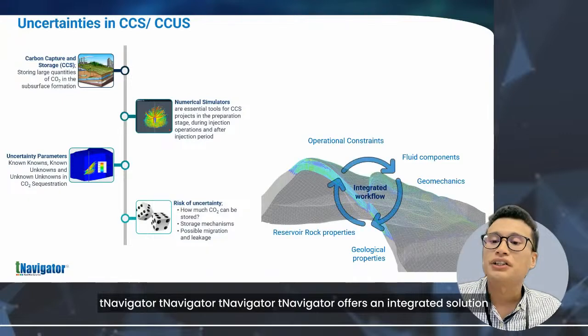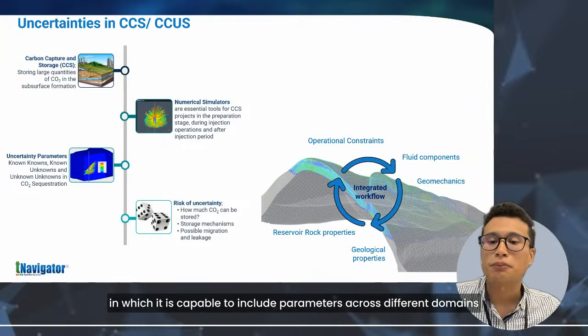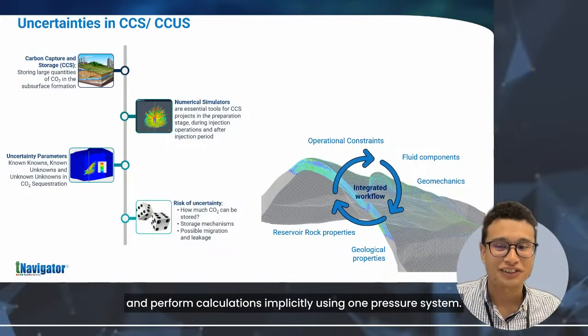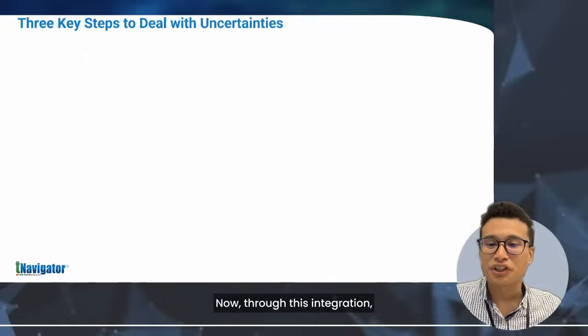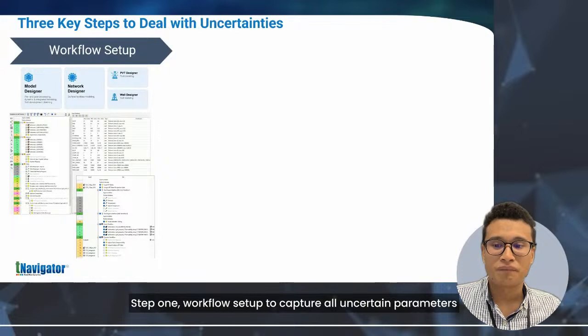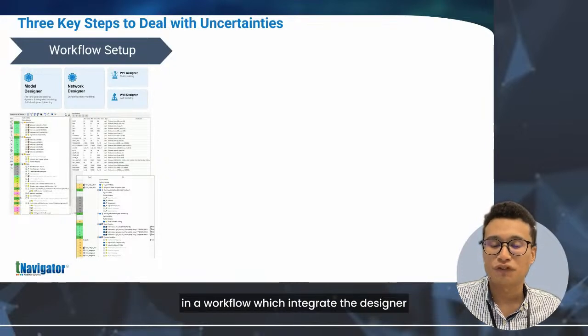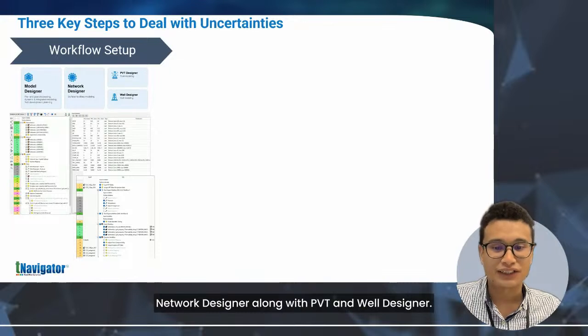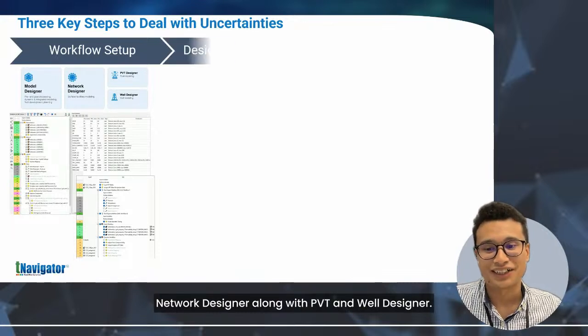T-Navigator offers an integrated solution which is capable of including parameters across different domains and performing calculations implicitly using one pressure system. Through this integration, uncertainties can be catered for within three steps. Step one, workflow setup, to capture all uncertain parameters in a workflow which integrates the designer modules across geology designer, model designer, network designer, along with PVT and well designer.